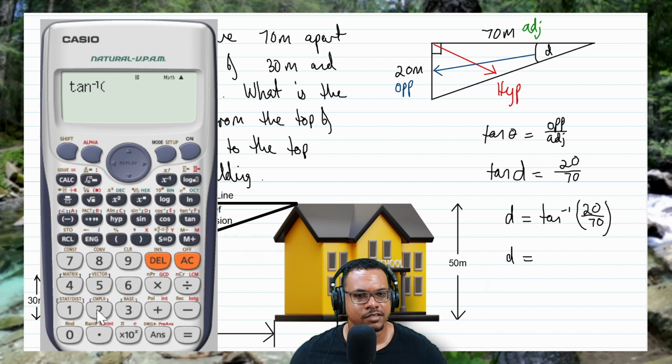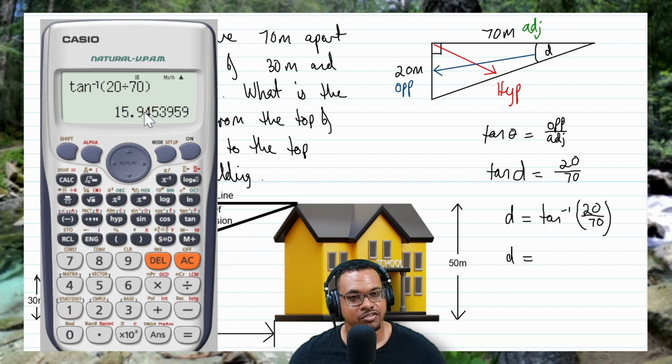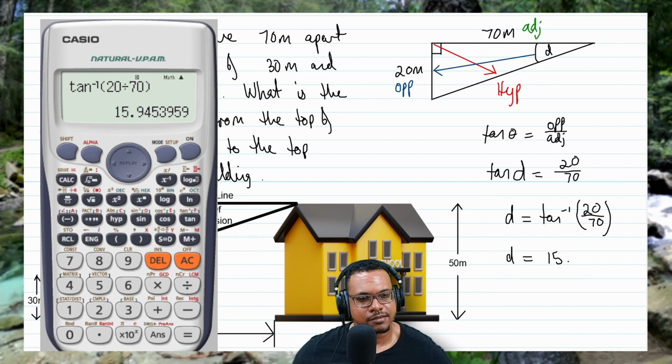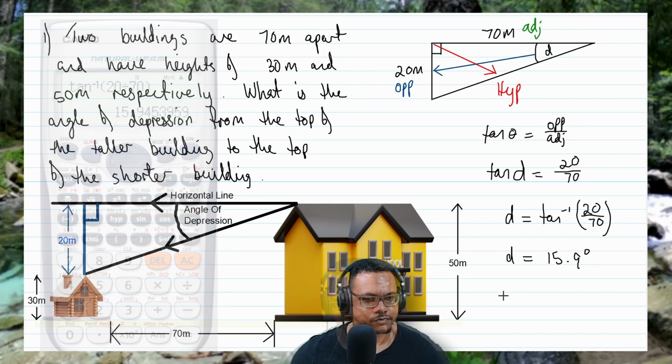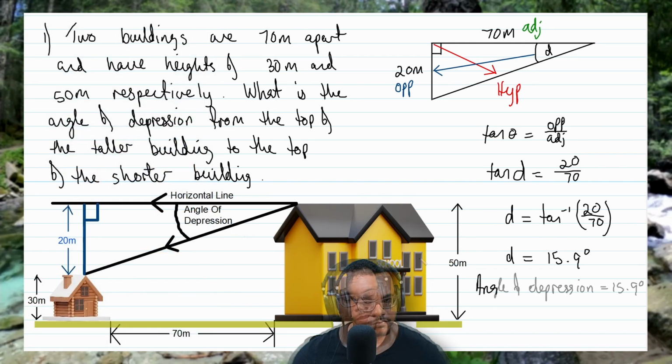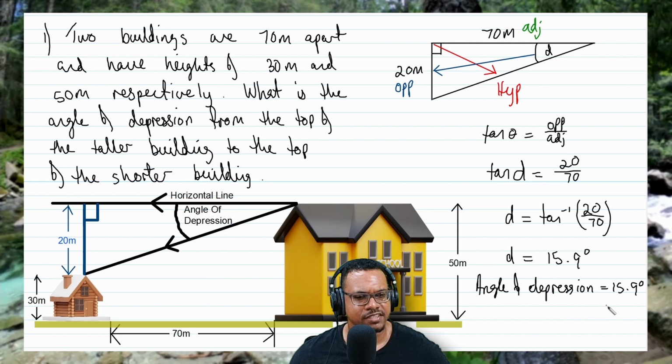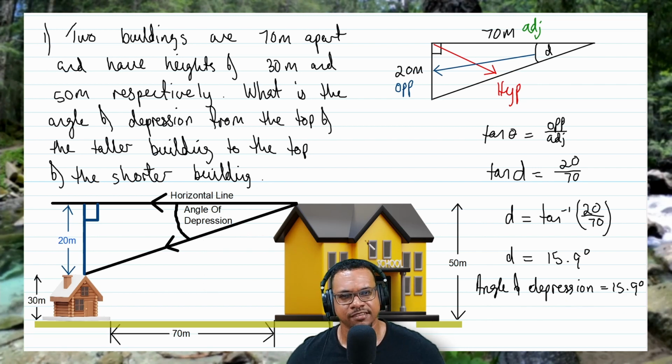So then I'll type in 20 divided by 70 and close brackets. Press equal, and I get 15.94. So to three significant figures, that's 15.9. Stop there. After the 9 is a 4, so this 9 remains the same. So that's 15.9 degrees. All right, so my angle of depression is equal to 15.9 degrees. And that will bring us to the end of this video.